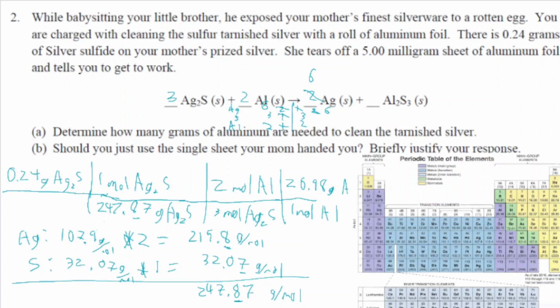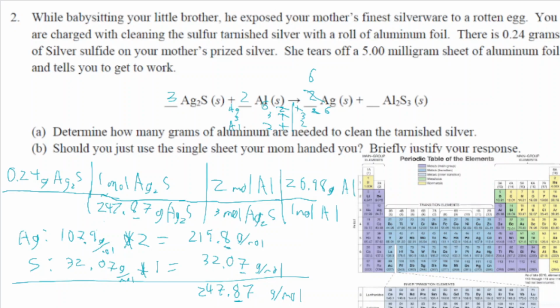And so if we go through and we multiply everything on top, so we'll do 0.24 multiplied by 2, multiplied by 26.98, and then we're going to divide that whole thing by 247.87 and divide that answer by 3. We will get an answer out.